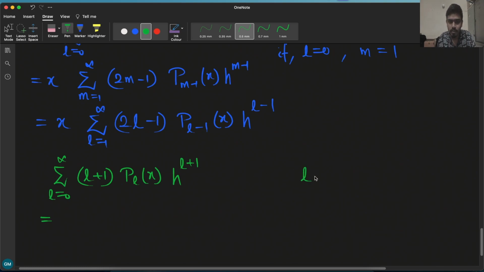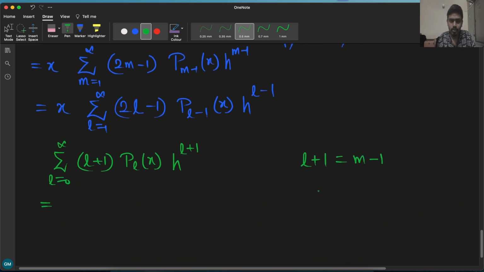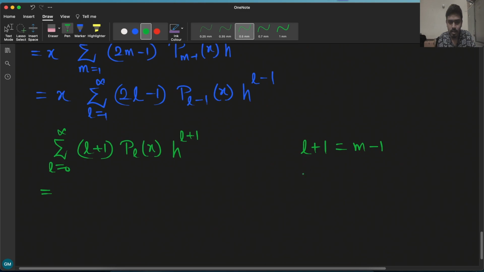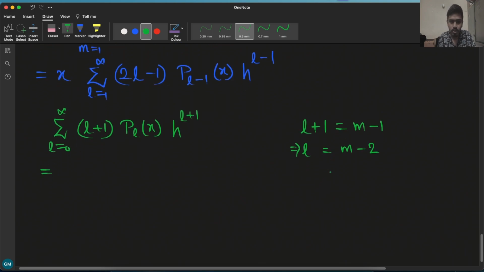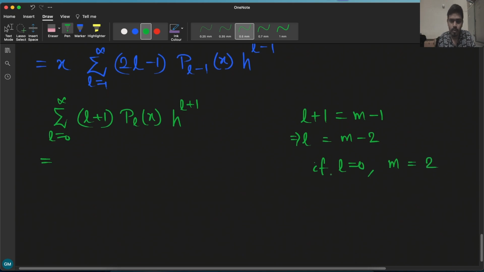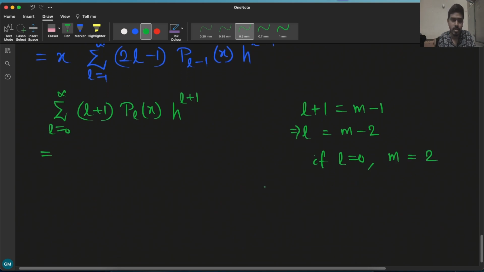So the index shifting will be l plus 1 equals m minus 1. Basically l equals m minus 2, right? So if l equals 0, it means m equals 2, and if l tends to infinity, m also tends to infinity.